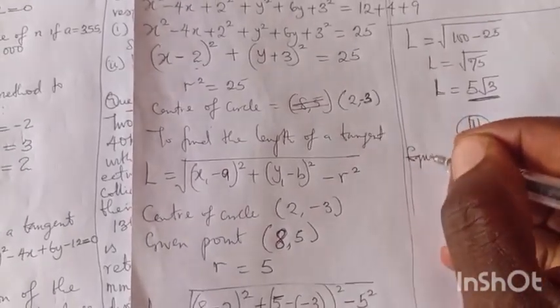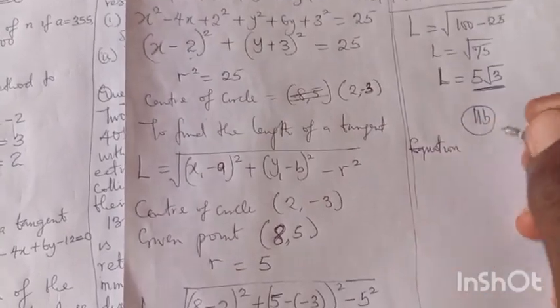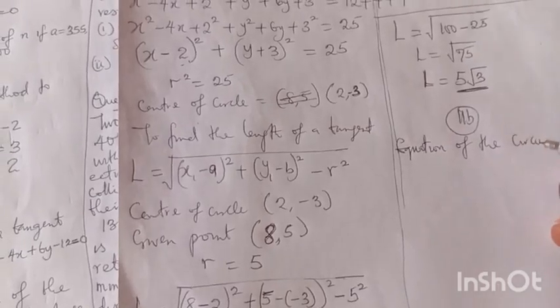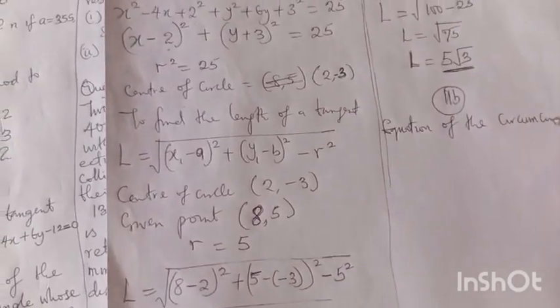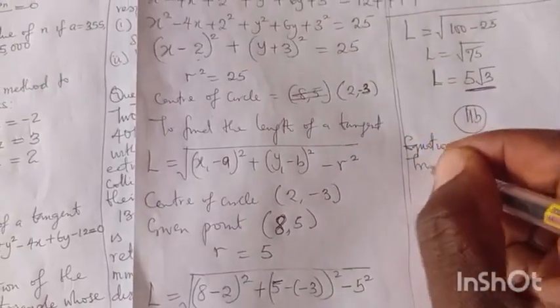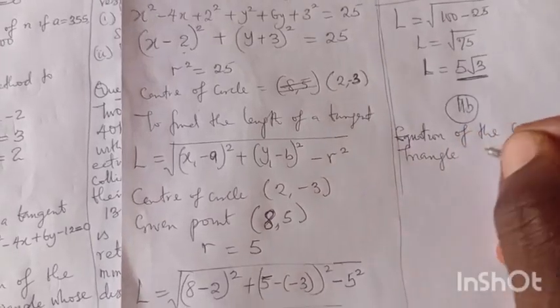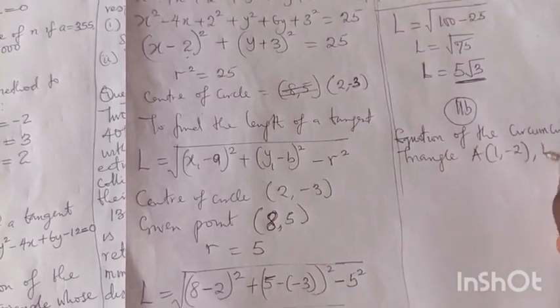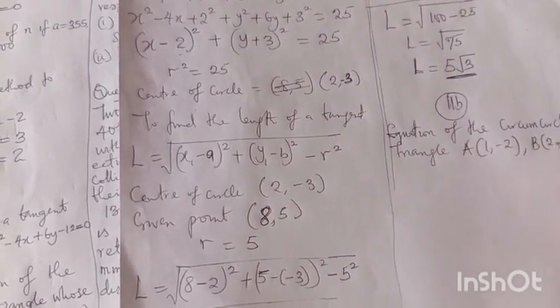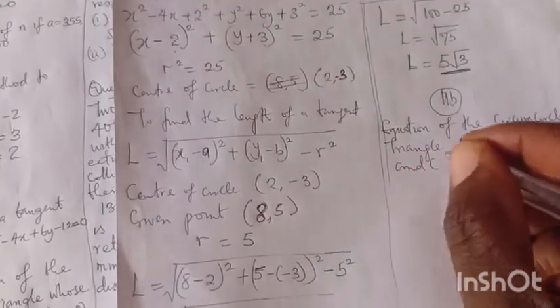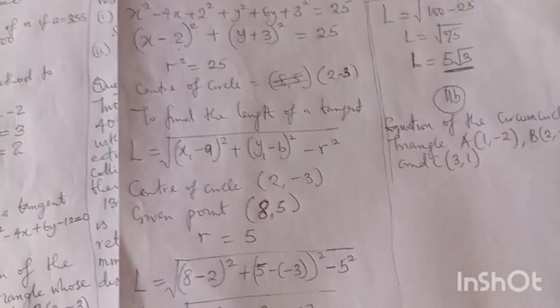Equation of the circumcircle of triangle A 1 comma minus 2, B 2 comma minus 3, and C 3 comma 1.